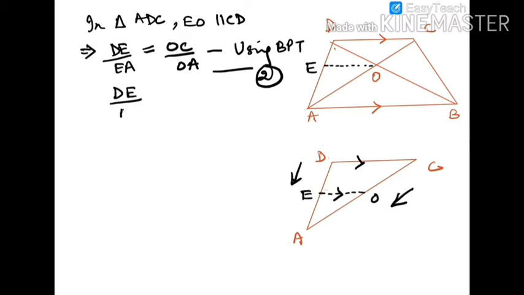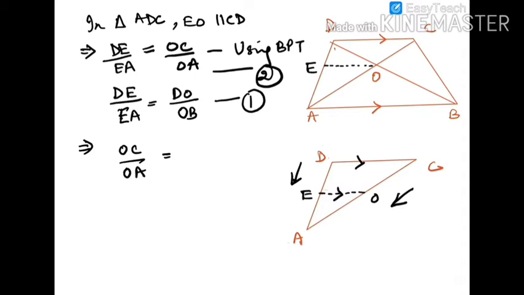The first result that we got was DE upon EA is equal to DO upon OB. Compare these two. Their left hand sides are same, so the right hand sides are also going to be equal. So this implies OC upon OA is equal to DO upon OB.